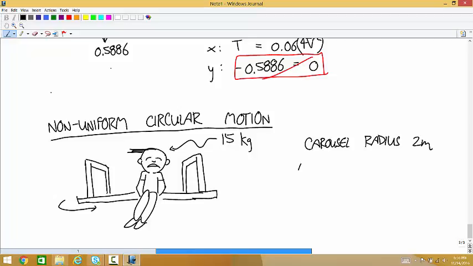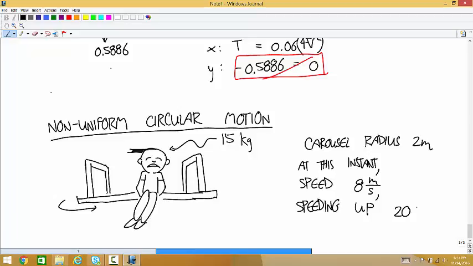And at the instant shown, the kid's speed is 8 meters per second, and he's speeding up at, let's say, 20 meters per second squared.